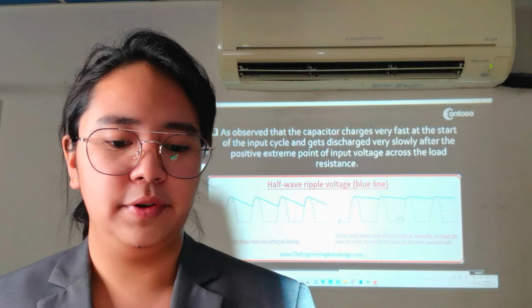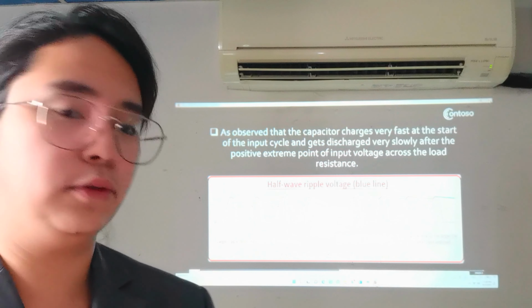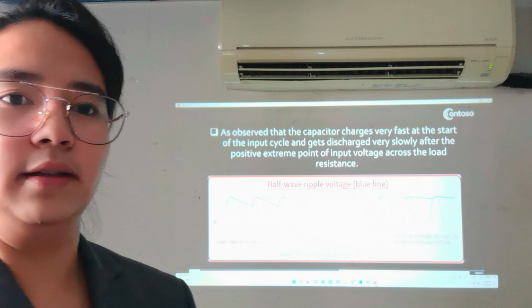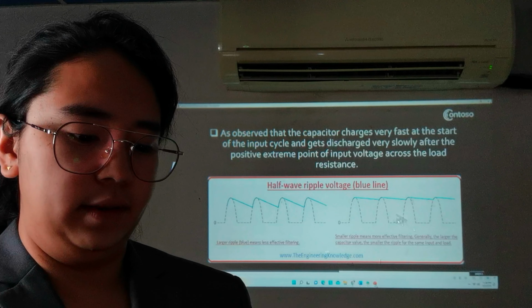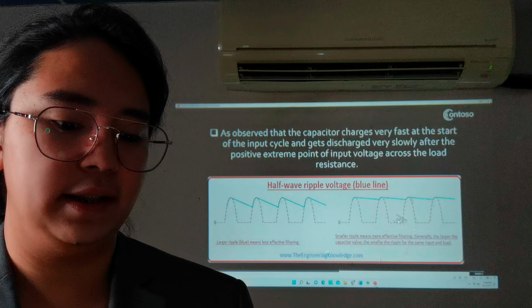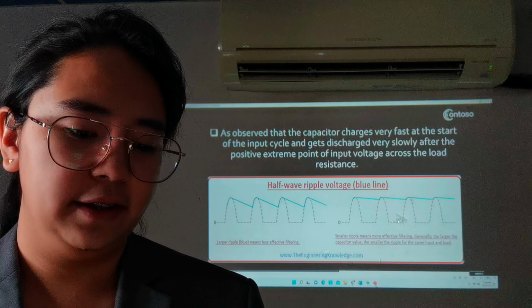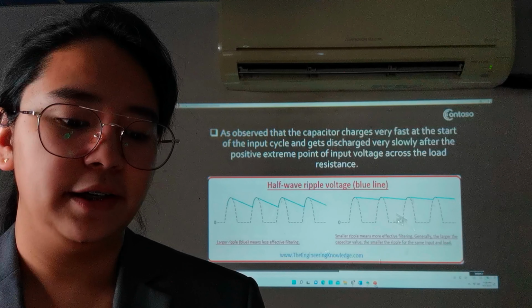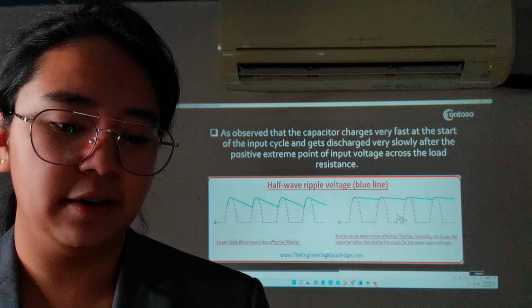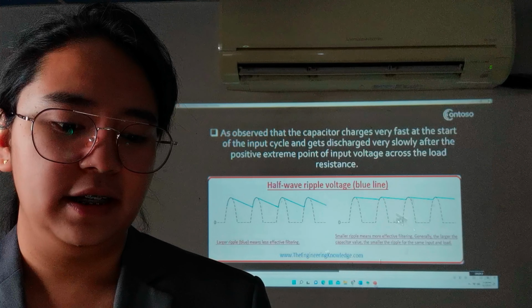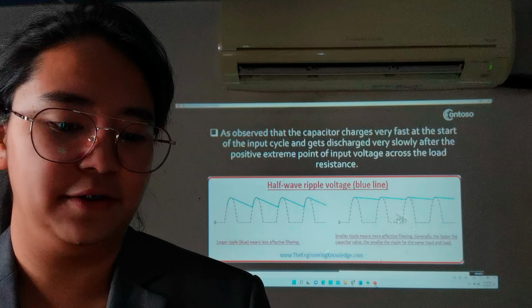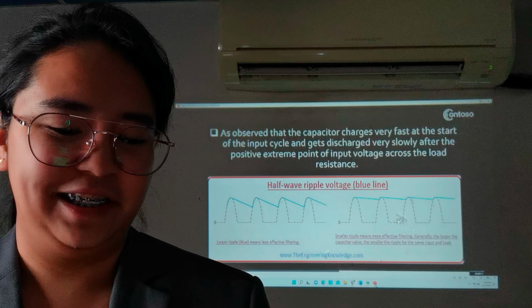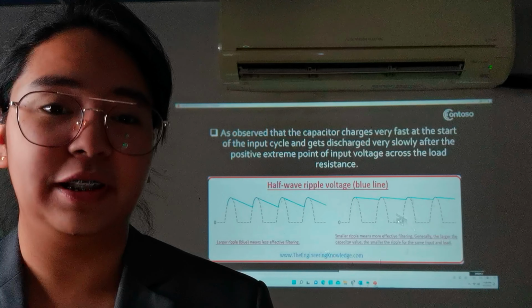The half-wave ripple voltage is the blue line. Larger ripple means less effective filtering, and smaller ripple means more effective filtering. Generally, the larger the capacitor value, the smaller the ripple for the same input and load.